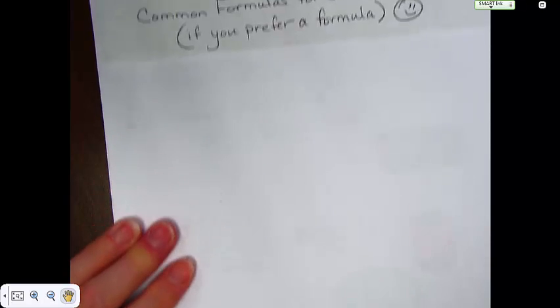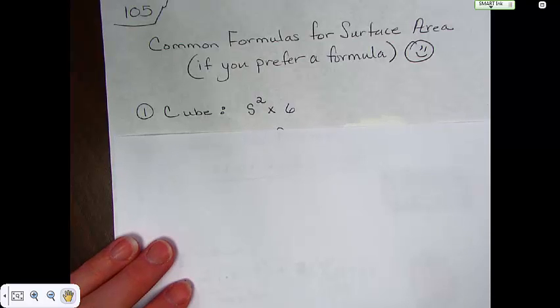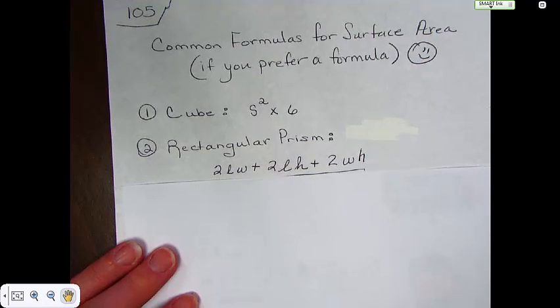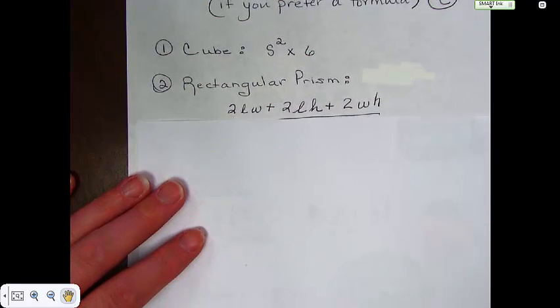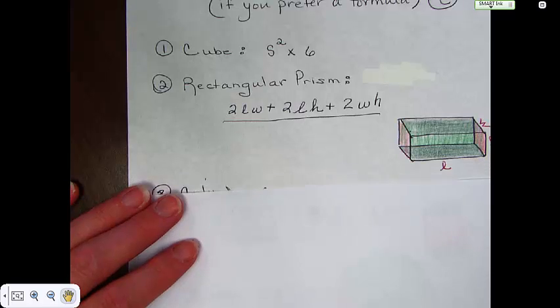Okay, you have common formulas for surface area, if you prefer a formula. The formula for a cube is side squared times 6. For a rectangular prism, if you want to use a formula, it is 2 lengths times width, 2 lengths times height, and 2 widths times height. There's a nice little picture.